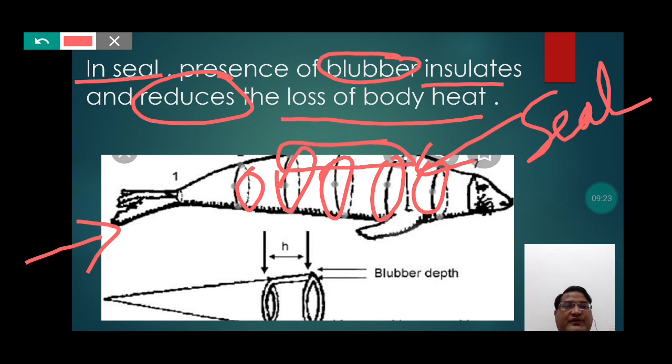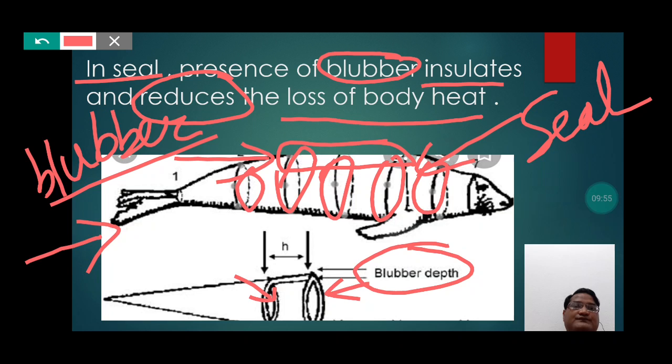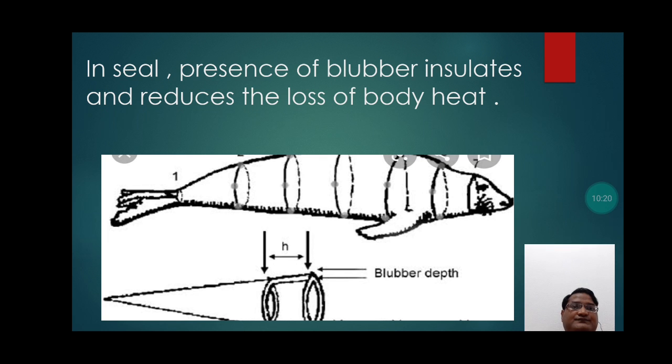This particular area, which is also called the blubber, keeps on increasing in width and helps prevent the loss of body heat from the surface of the seal, because the seal remains present in the extremely cold areas of the polar regions where the insulating of the body temperature is quite important, and this can be done only with the help of blubber, which acts as an insulating cover in the seal.